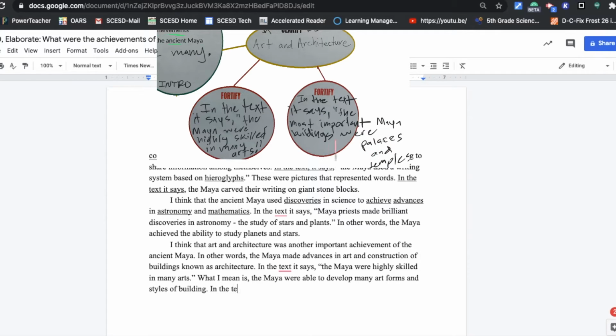In the text, it says, the most important Maya buildings were palaces and temples. We don't really need to say anything else after that.